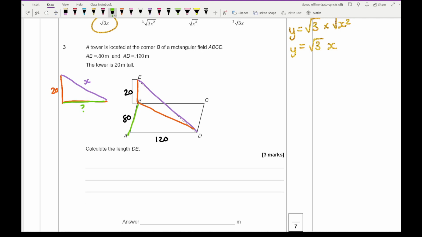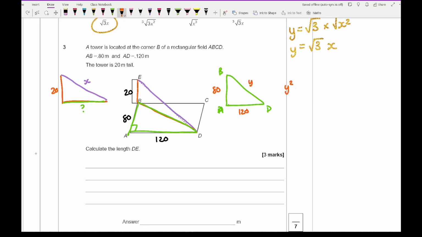Now if I draw a right angle triangle that uses that length that I need to know and take this triangle out, this is B, this is D, and that's D and that's A rather. And that's 80, that's 120, and this is what I wanted to find, which I was going to call y.